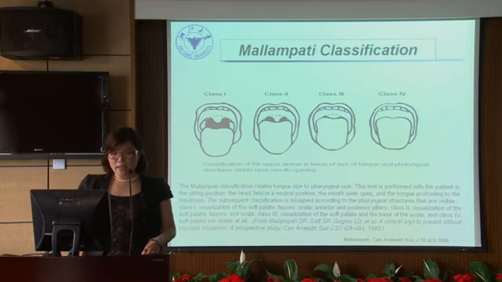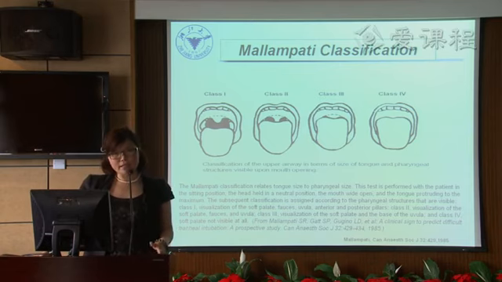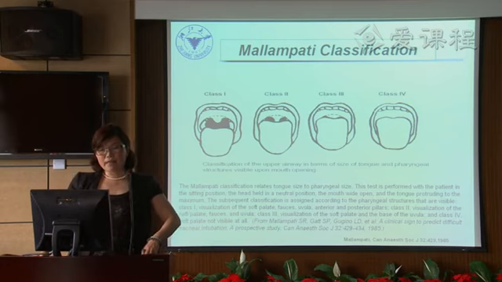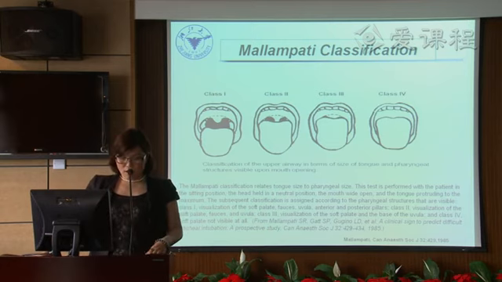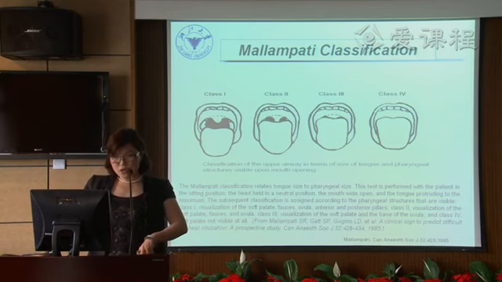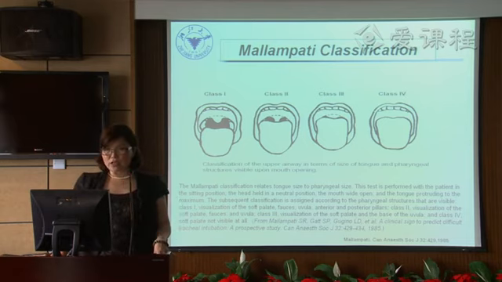If the patient's Mallampati classification is class 1 or class 2, maybe it is an easy airway, or there is no difficult airway. And if the patient's classification is class 3 or class 4, the patient may exhibit a potentially difficult airway, and we should make very good preparation for the intubation.